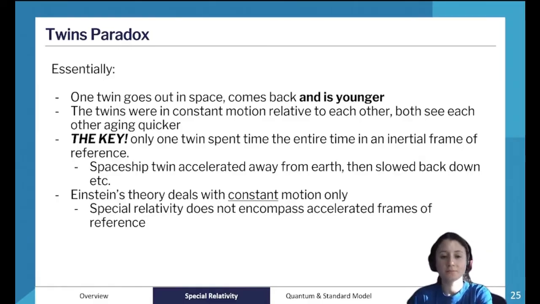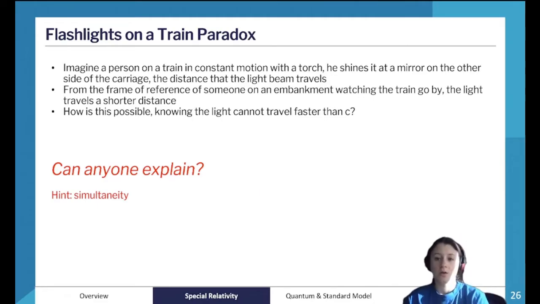Alright, let's move on to the next paradox, which is the flashlights on a train paradox. This is the one that we briefly touched on a little bit before.